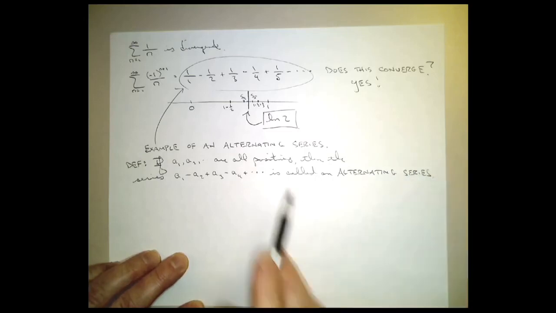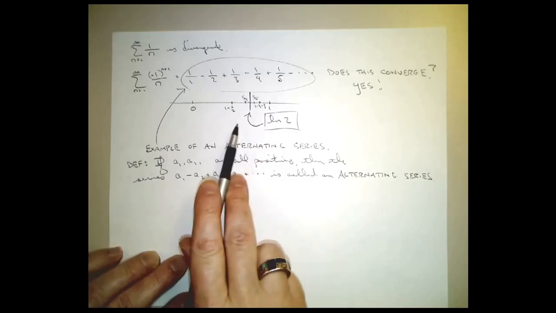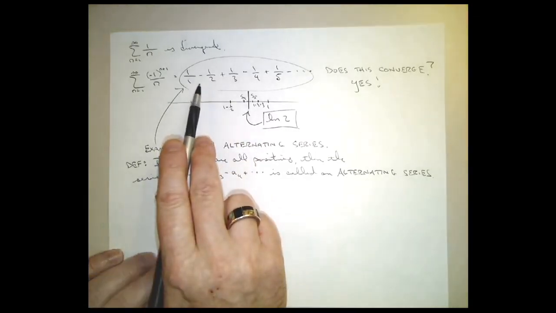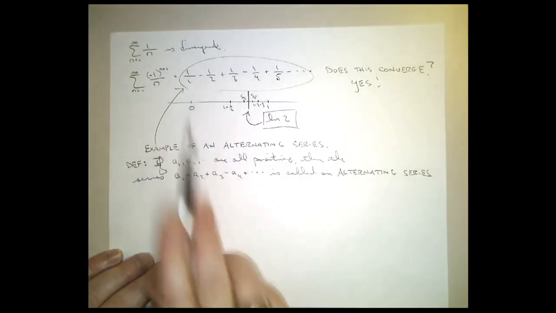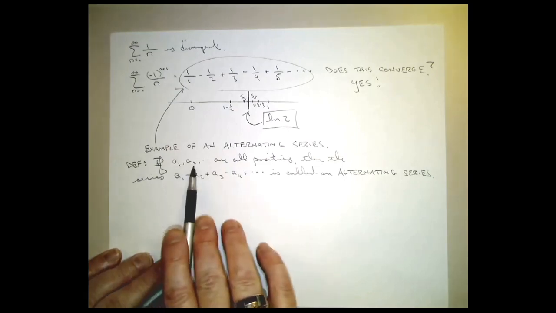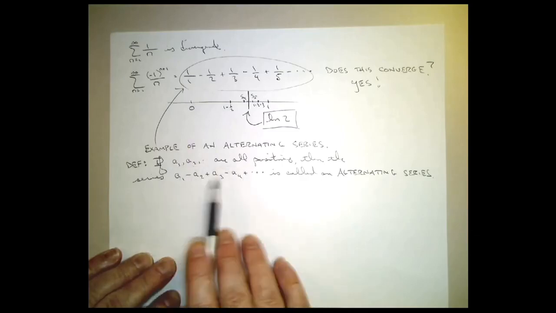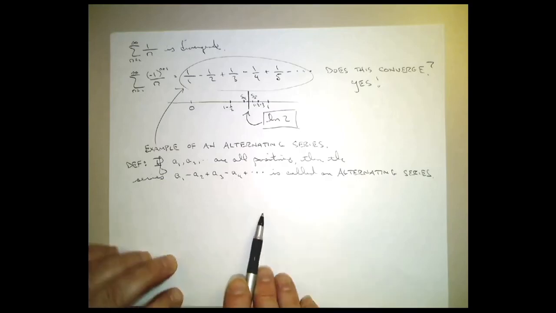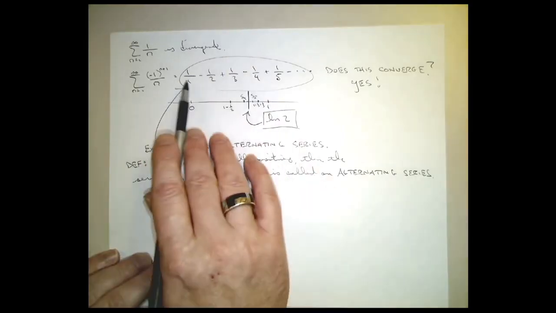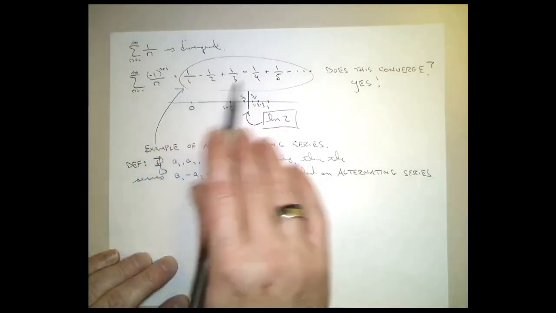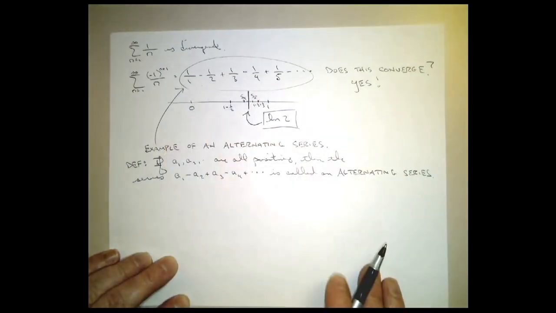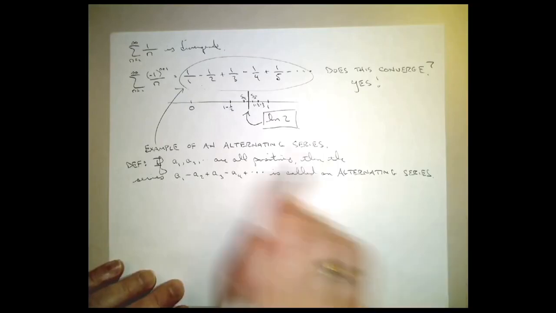And so this is an example of an alternating series, but it's a very special one in as much as each term, right? I'm insisting that A1, A2, and so on all be positive, and then I'm going to alternate the signs in order to create my series. So, right, 1 over 1, 1 over 2, 1 over 3, 1 over 4 are all positive, and I'm alternating the signs to build my alternating series.